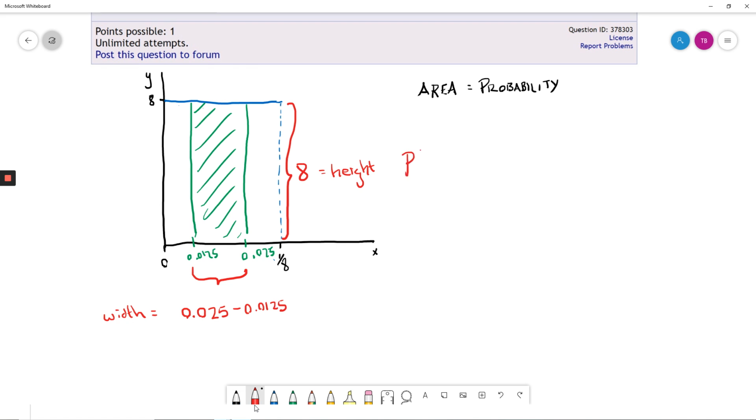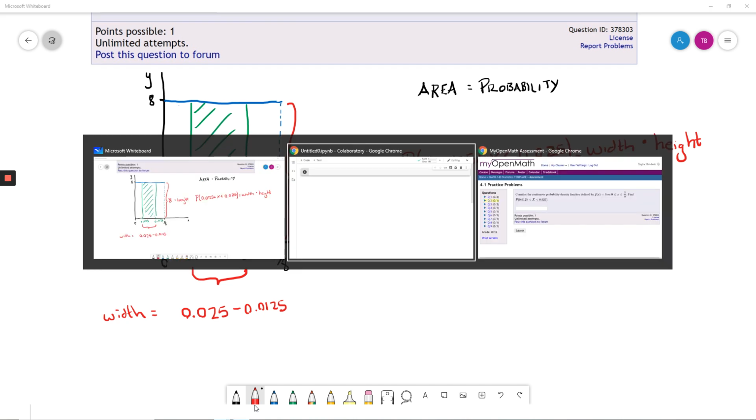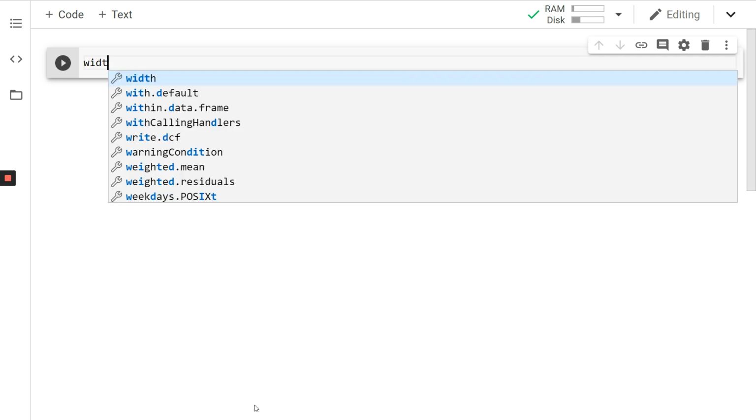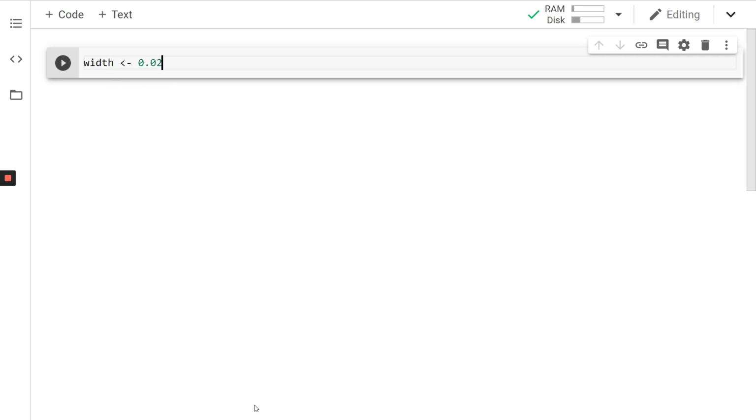So the probability that x is between 0.0125 and 0.025 is width times height. Now that we understand that, let's go to our notebook and put that in. So width is 0.025 minus 0.0125, whatever that is.